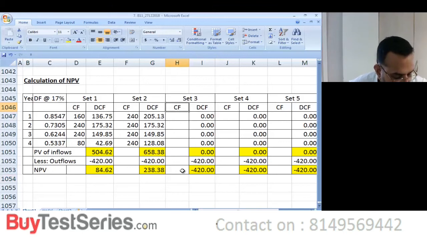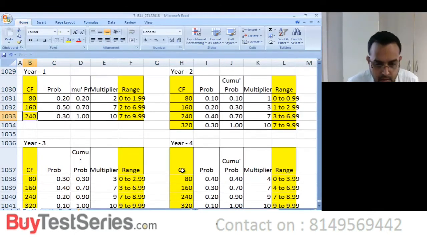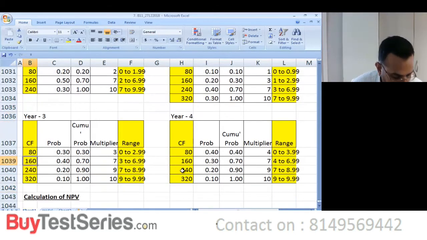Third set, what are all the cash flows? Third set, the cash flows are 160, 320, 160, again 160. No, 0, 80.